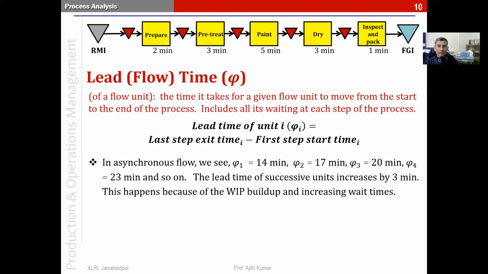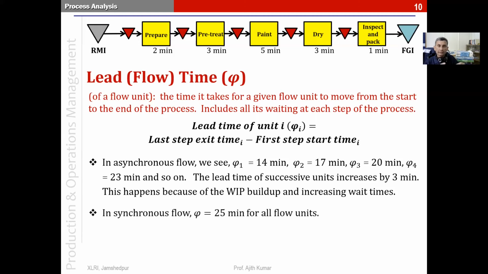The lead time, in other words, of the successive units increased by 3 minutes. Each successive unit took 3 minutes longer to flow through the process than the previous unit. Now, this happened also because the WIP was building up in front of certain steps because of the difference in the processing times, and the waiting times were different. And this is also reflected in the lead times being different.